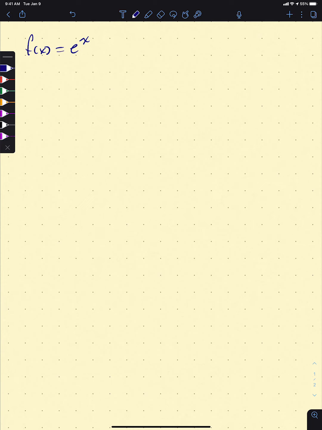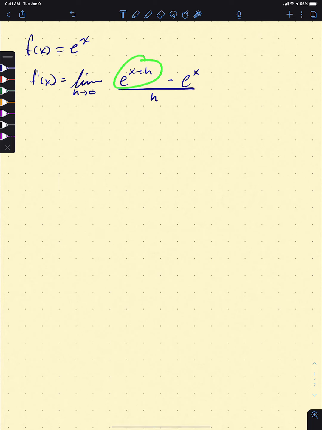If we want to calculate the derivative, we can go back to our limit definition. We're going to get e to the x plus h minus e to the x over h. Okay? And we can use our exponential rules here to write this as e to the x, e to the h, minus e to the x over h.